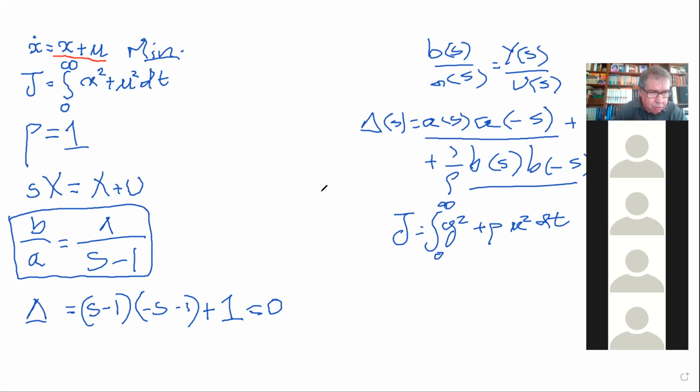Okay, so now what shall we do? Find the roots. Okay, so let's find the roots of this. Try to find the roots of this. I will do it myself, so you can correct me. So remember that this is minus 1.